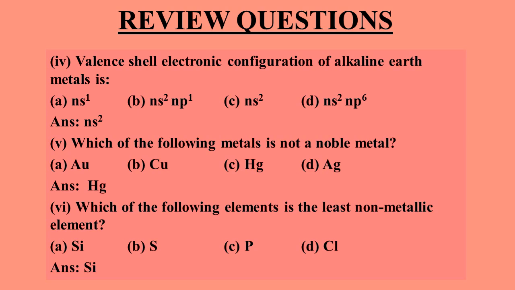Mercury is not a noble metal, while Au gold, Cu copper and Ag silver are noble metals. In MCQ number 6, we have to tell which of the following elements is the least non-metallic element. The answer is silicon, Si.